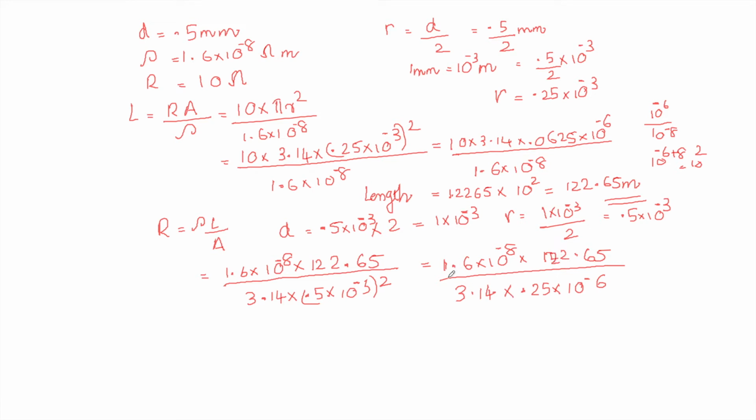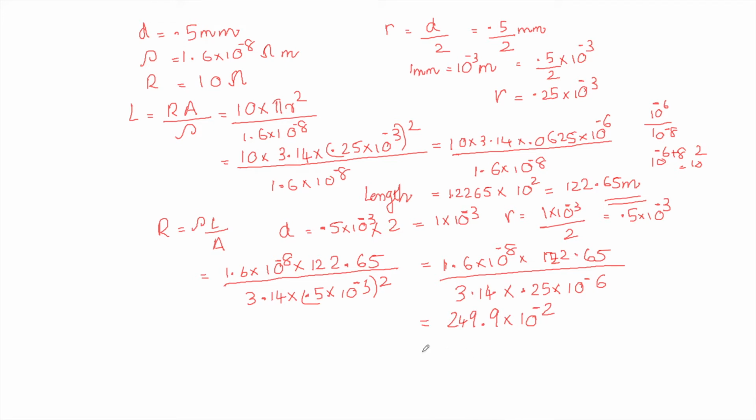Okay, so again you should multiply this 1.6 with 122.65. That number you should divide with this product. Okay, then you will get 249.9 into, again this 10 raised to minus 8, 10 raised to minus 6 we are solving, we will get 10 raised to minus 2.